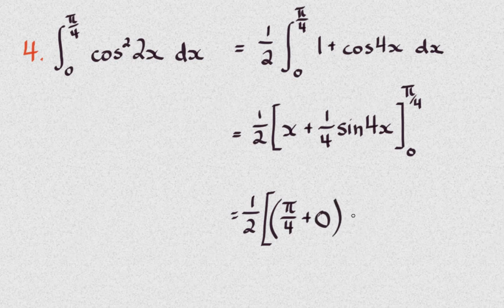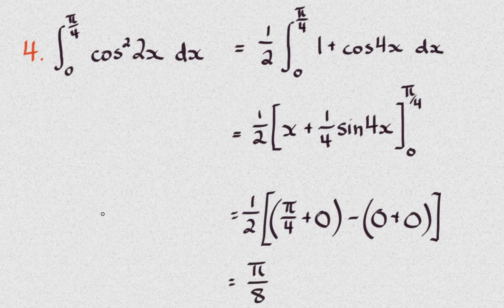So that's nice. And then subtracting what we get when we substitute in 0, well, x equals 0, and then sine of 0 is also 0. And so this one simplifies really nicely down to pi on 8.